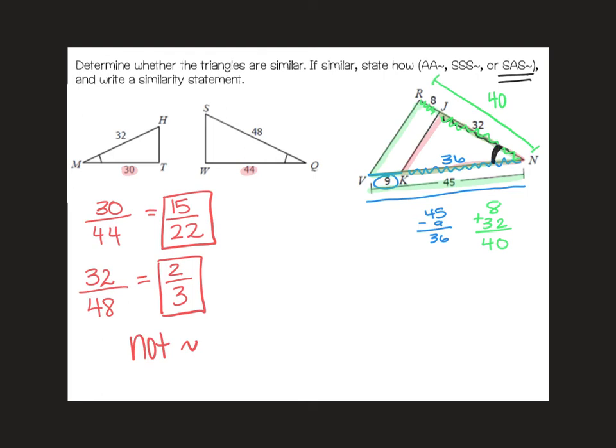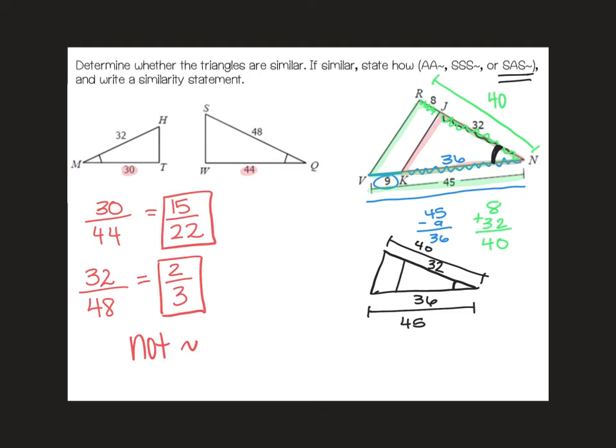I'm going to redraw this picture because it's looking pretty crazy. All right, so here's what I have essentially. This angle is the same for both triangles. This side is 32. This whole side is 40. This whole side is 45. This part is 36. So that's really all the information you need.